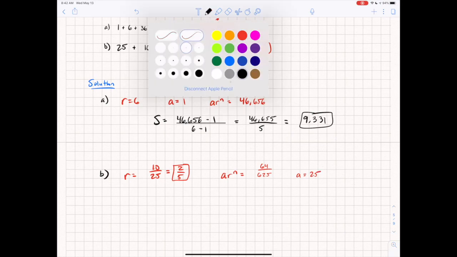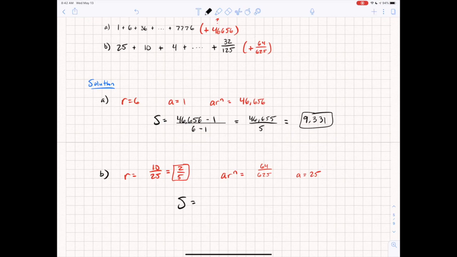So now I can set up my formula for a geometric series. The sum is going to be equal to that next term, 64 over 625, minus the very first term, which is 25. And then I'm dividing this by 2/5 minus 1, one less than r. Now, working through this algebra, make sure that you remember that working with numbers here, you have to have a common denominator if you're doing this by hand.